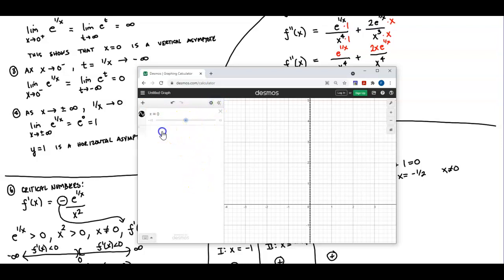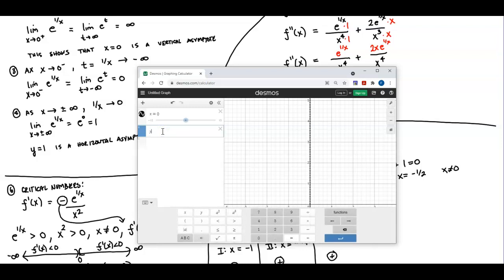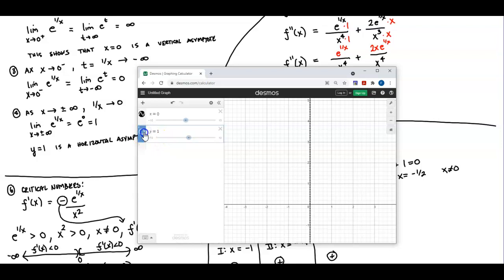And then we also have a horizontal asymptote at y equals 1. Let's make that into a dashed line so we know that that's a horizontal asymptote. Okay, so now we know where our asymptotes are.